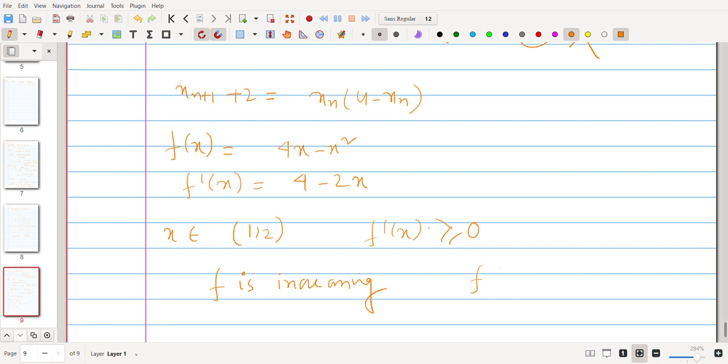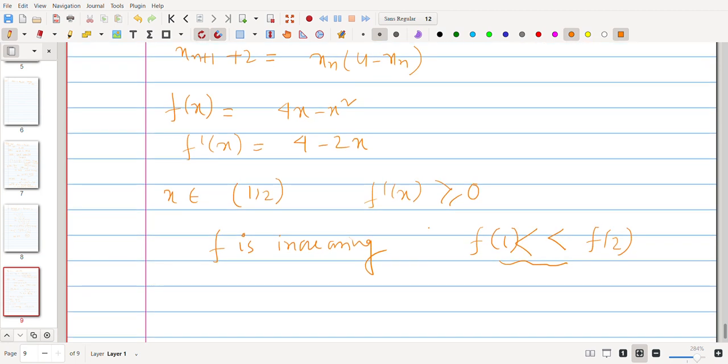Hence, in particular, f of 1 is less than f of 2, and all the values lie between these. So if I take, what should I take?